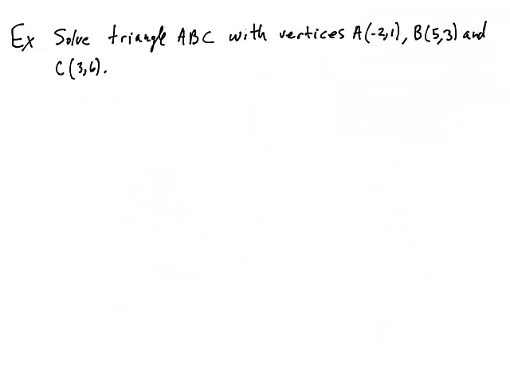And the last example asks us to solve this triangle when we have the coordinates of each vertex. So if we were to plot this, A is at -2, 1, so something like there.